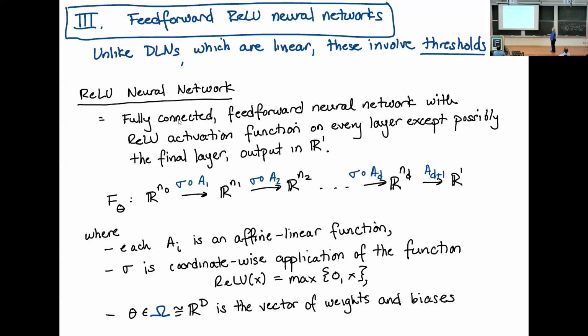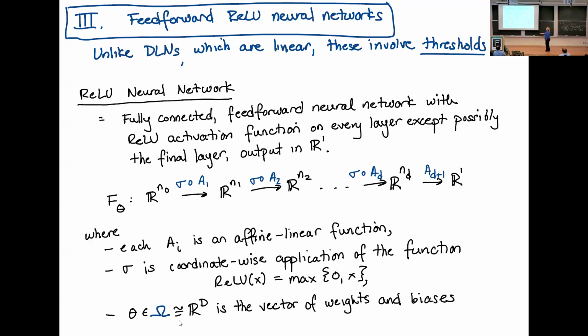For the experts, it is the fully connected feed-forward ReLU neural network with ReLU activation function on every layer except possibly the final layer, and output in R^1. More concretely, what is it? It's functions that are built as compositions of affine linear maps followed by coordinate-wise application of ReLU. So this is your threshold: ReLU takes the max of 0 and x.